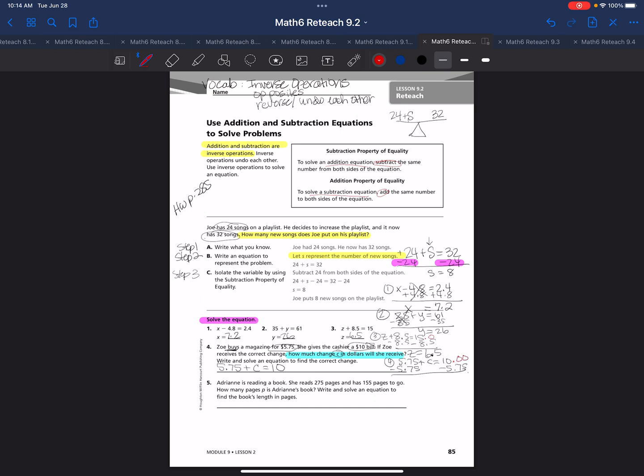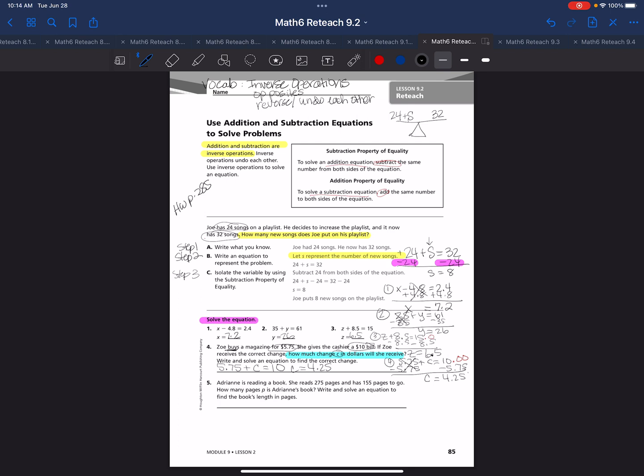And then I need to line up my decimals because I'm subtracting. These are opposites, so they undo and cancel out each other. And then $10 minus $5.75 is $4.25. So I know that C is $4.25. So she receives $4.25 in change.